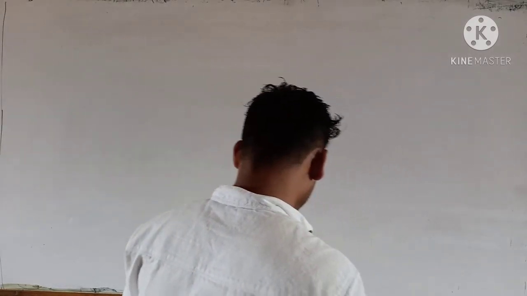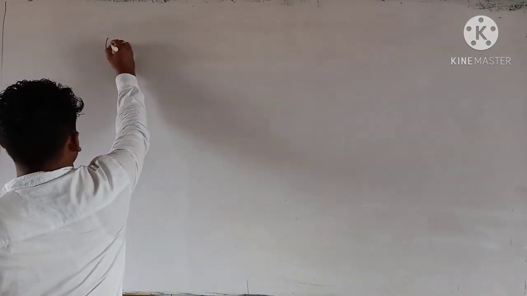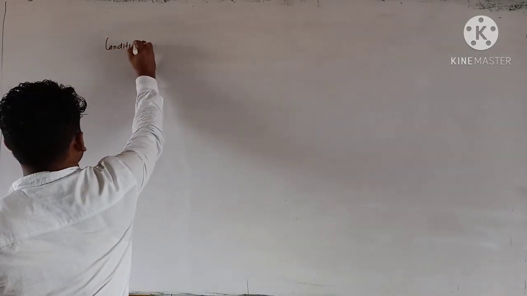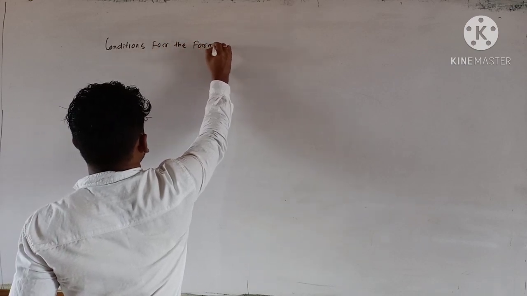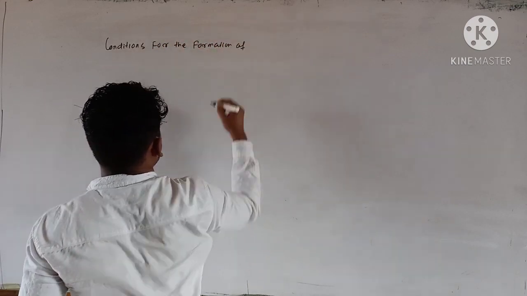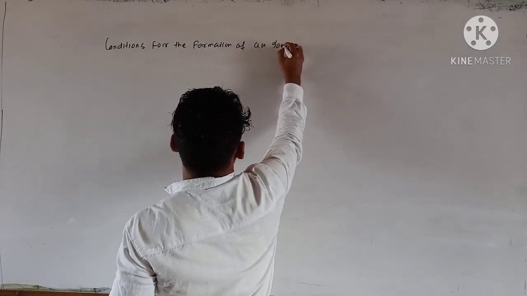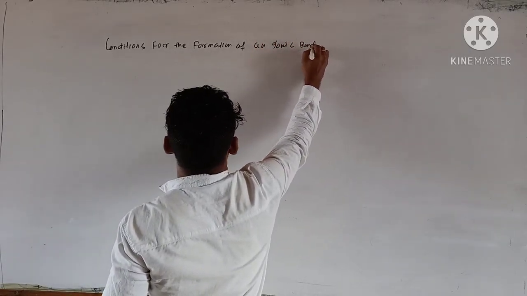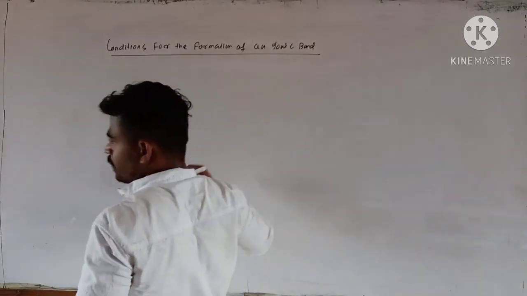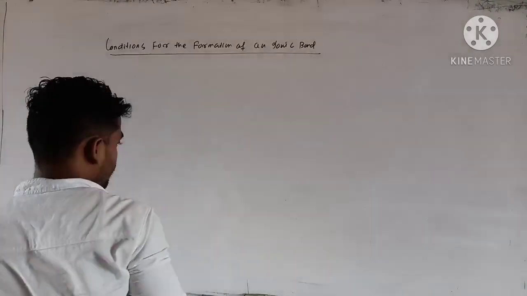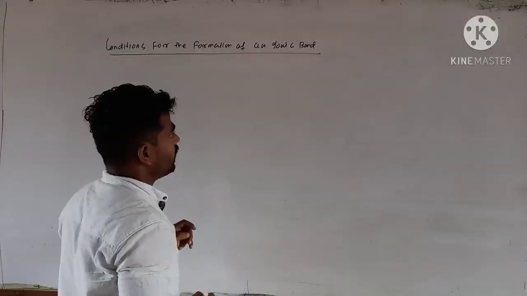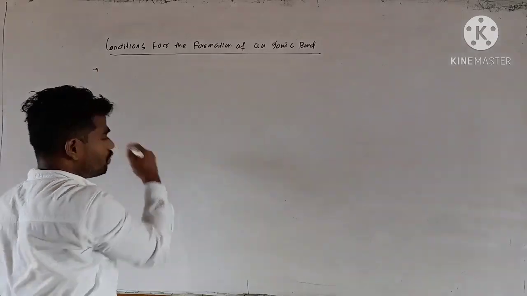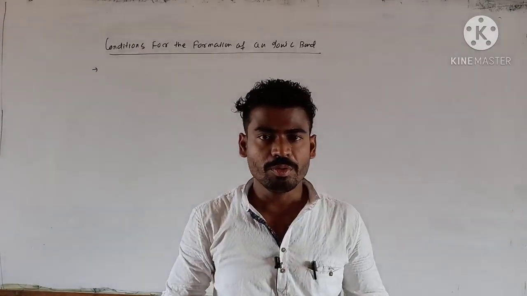Next we will discuss something very important, that is, the conditions for the formation of an ionic bond. For the formation of an ionic bond, you need a cation and you need an anion. First, for the formation of a cation, you have to remove 1 electron.